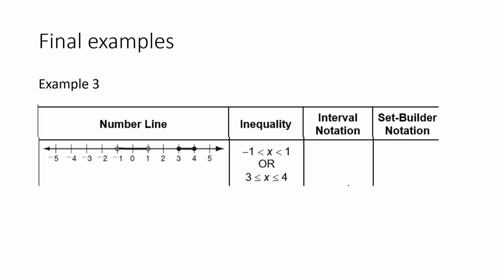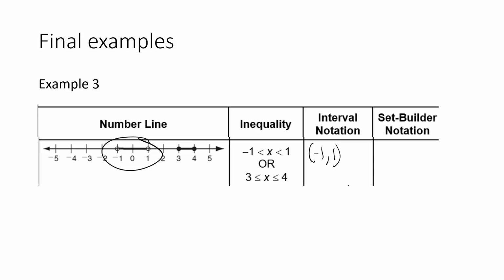All right, so we got 2 regions on the number line that are being focused upon. We have the region between -1 and +1, but not including them. So that'll be -1 comma +1. We use parentheses.